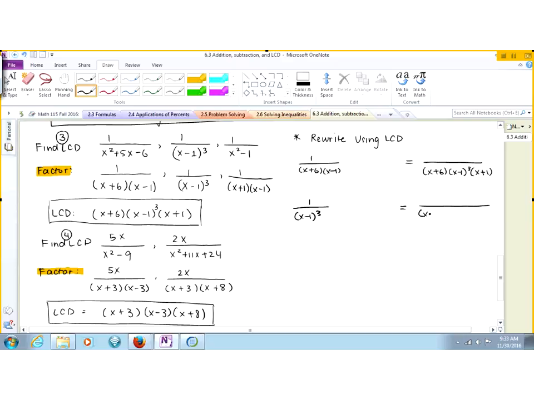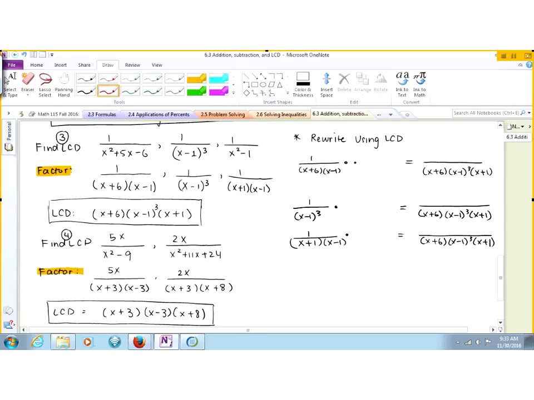And this is also x plus 6, x minus 1 cubed, x plus 1. Okay, and then the next one is 1 over x plus 1, x minus 1, and your LCD is x plus 6, x minus 1 cubed, x plus 1. All right. Yay?